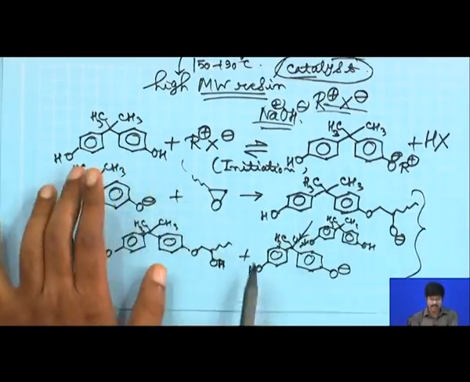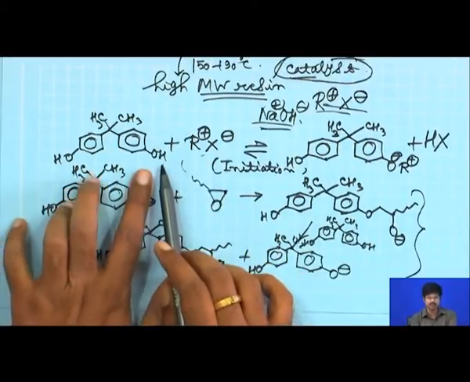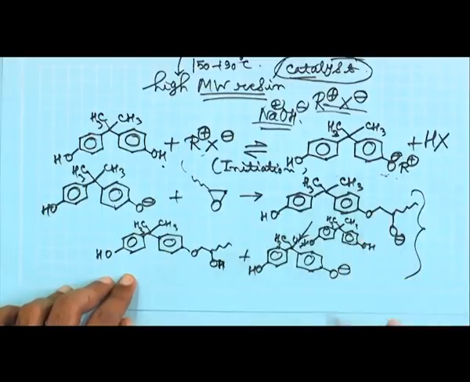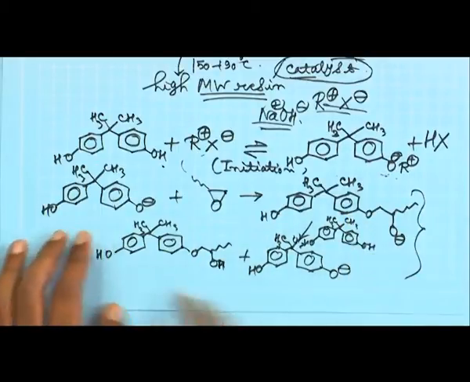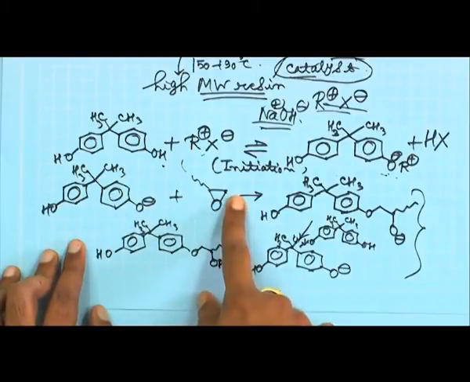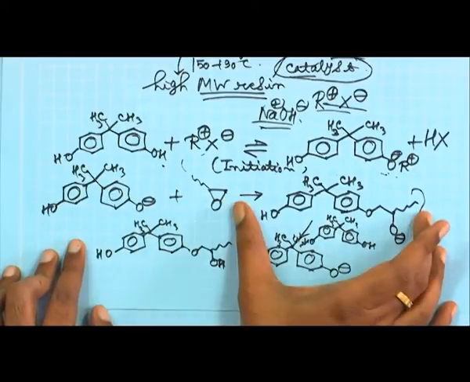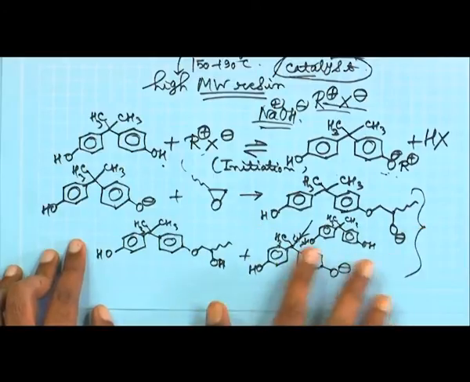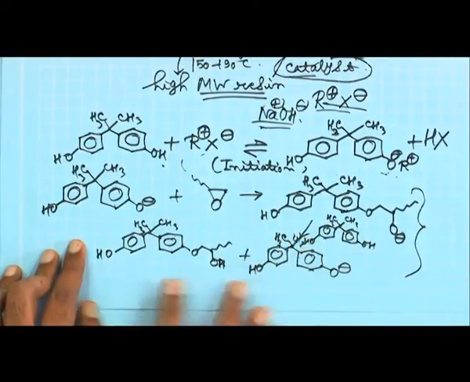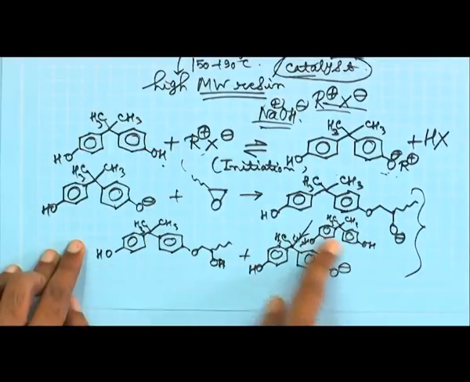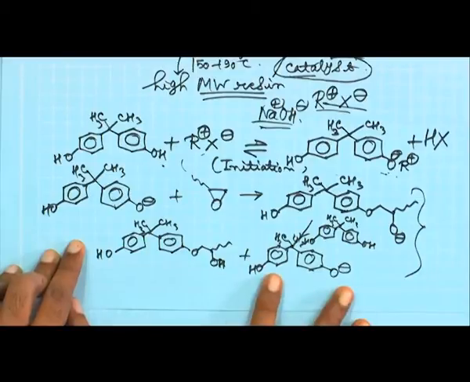So, in the initiation step your catalyst will deprotonate your bisphenol A. So, you create this phenolate ion, and then there are two steps in the propagation. In the first step, that will react with the epoxide in the less hindered position, it will attack and create this ion, which will then take up a proton from another molecule of bisphenol A to produce your product. In the process it creates a bisphenol A phenolate ion.